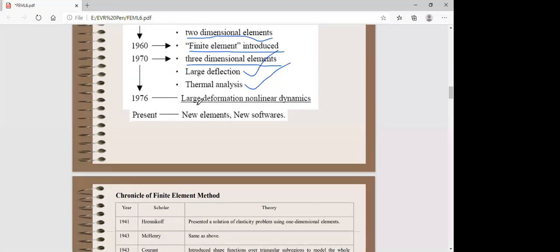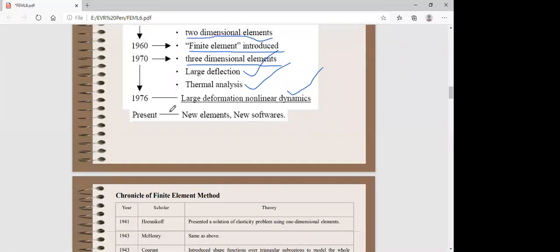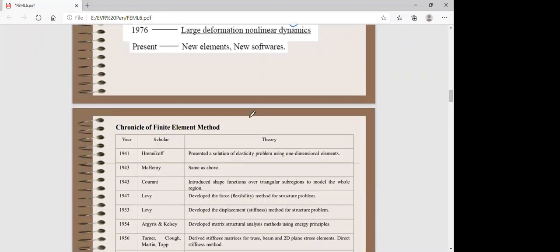In 1976, large deformation and non-linear dynamics were studied. From 1976 to this day, a lot of modifications are still going on. They are still developing new elements and new software.